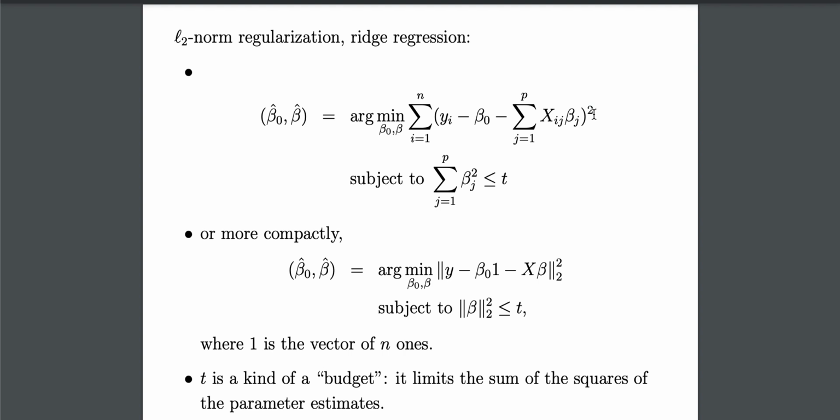Now in the homework assignment, you saw that if the number of predictors is larger than the number of observations, then this problem has infinitely many solutions. These solutions can be contradictory. They can tell contradictory stories.